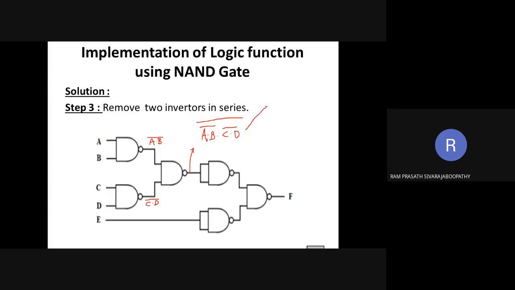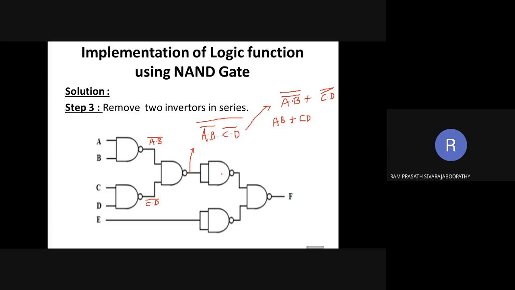So how does it become? (A dot B) whole bar plus (C dot D) whole bar. So this entire thing becomes AB plus CD.